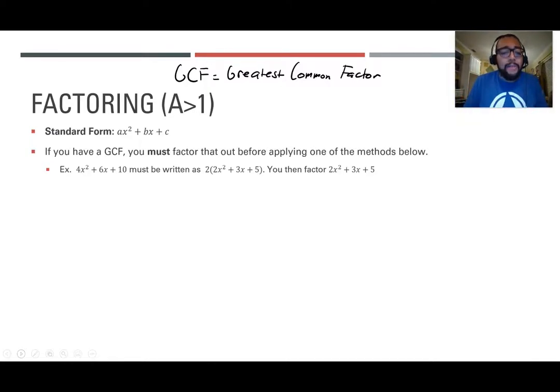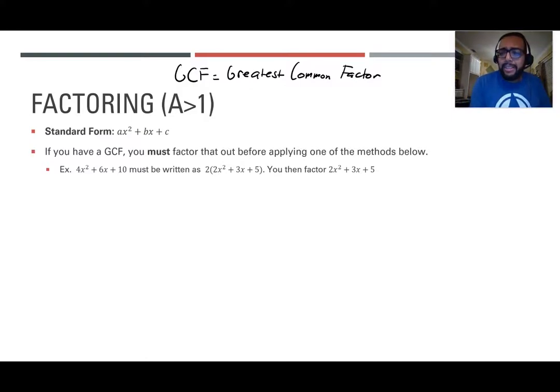The numbers 4, 6, and 10 all have a 2 in common. So I can divide by 2 in all those terms. Instead of 4x squared plus 6x plus 10, I need to write 2 times the parentheses 2x squared plus 3x plus 5. And this inside part, this parentheses, is where I'll apply my methods, okay?